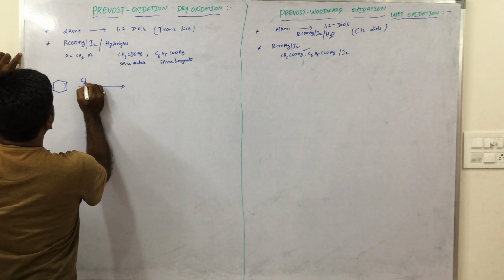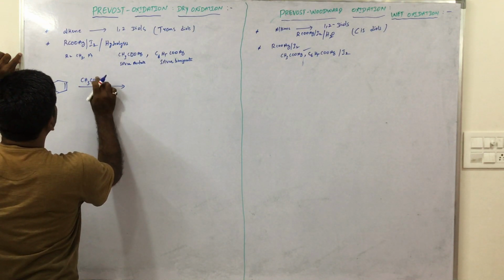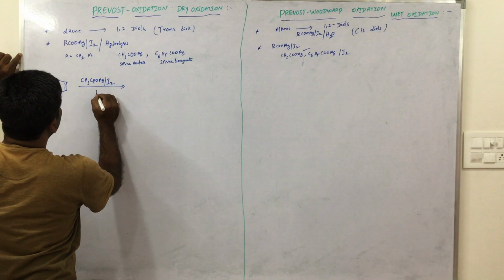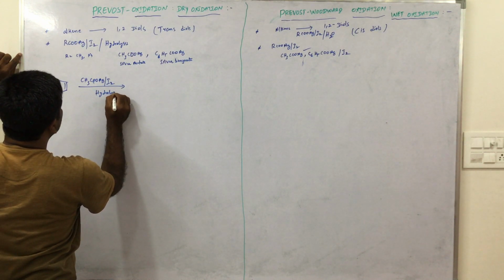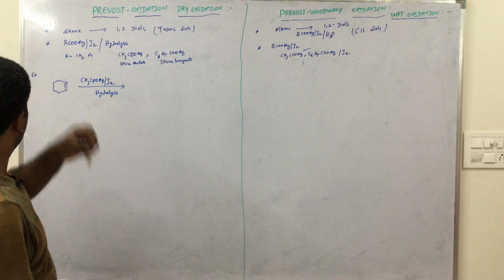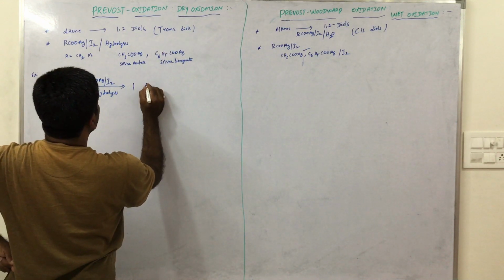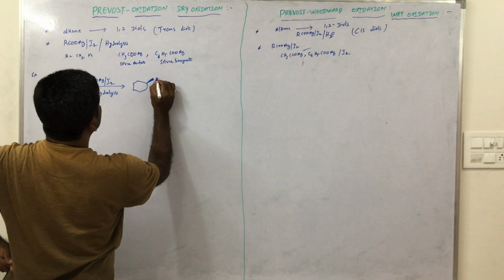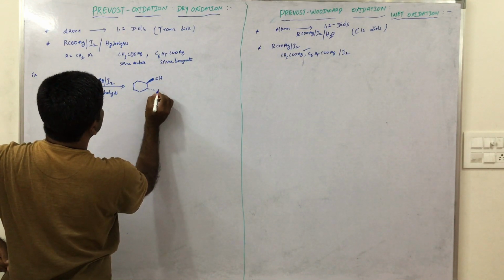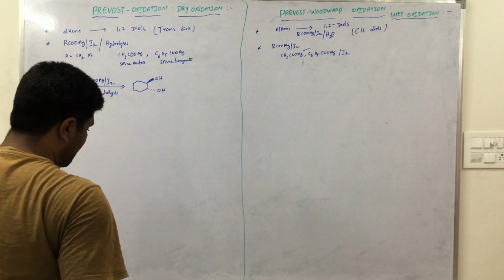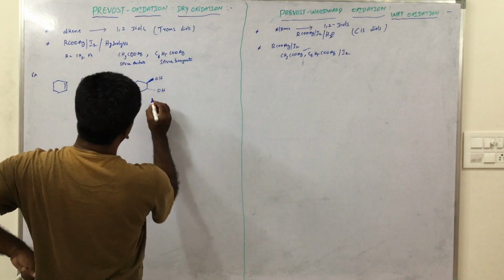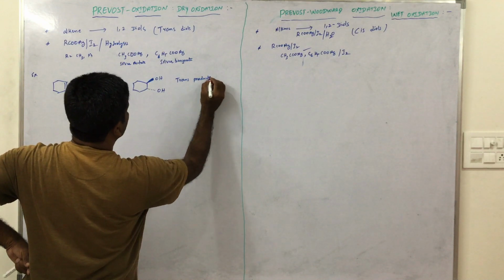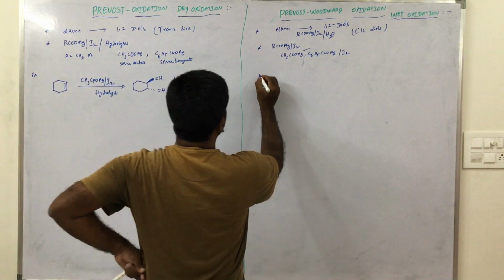I use CH3COOAg in the presence of I2, then hydrolysis. We already know which product is formed: the trans product, with one bond in a thick line and one in a dark line. This is the trans product.